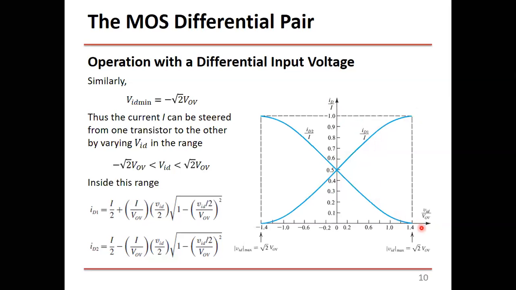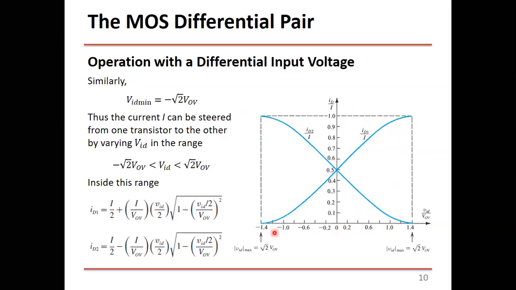And ID2 becomes 0. The transition from this value to this value is not perfectly linear, as you can see. It's a nonlinear curve. But this curve has both ID1 and ID2. If you make VID positive, then ID1 is greater than ID2.